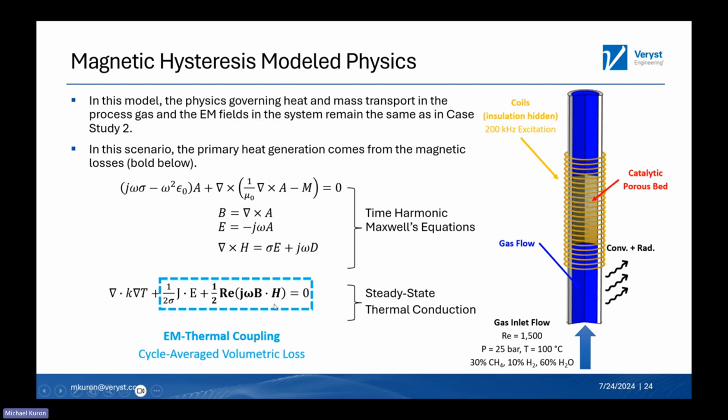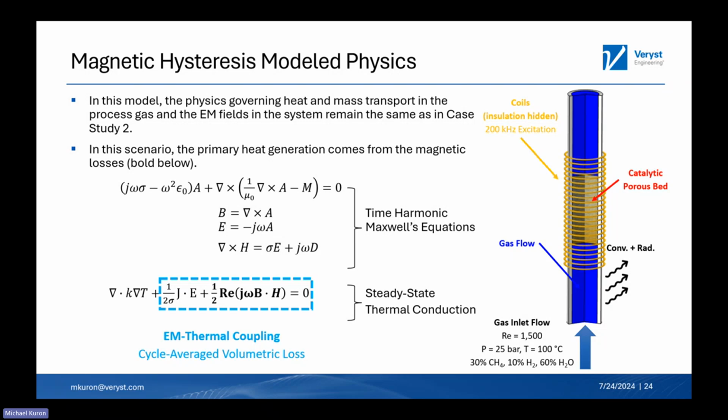That's these magnetic losses that are shown in bold here, which we can model in a number of ways. In this specific example, we model using data from the literature that provides a complex permeability of the particulate matter.